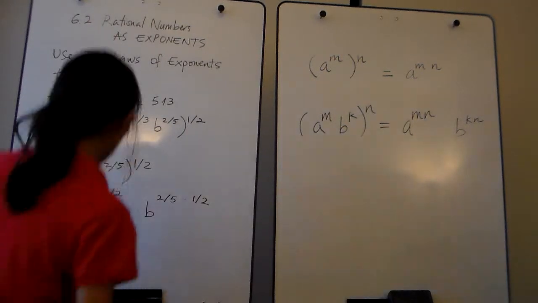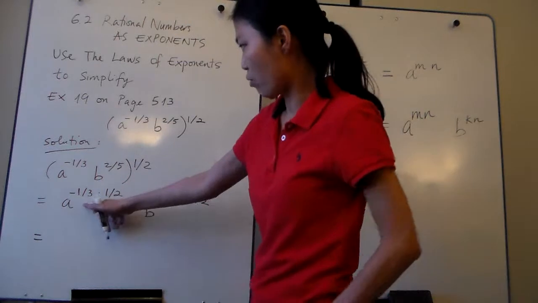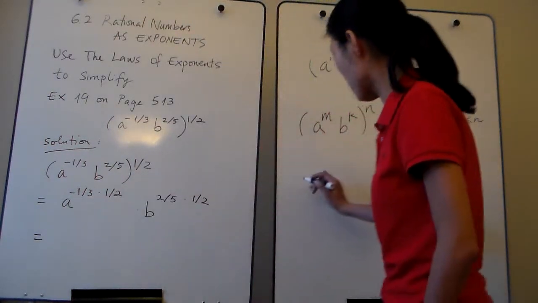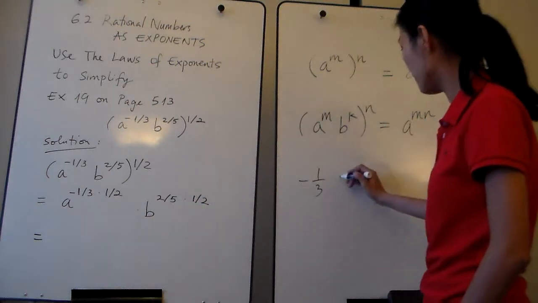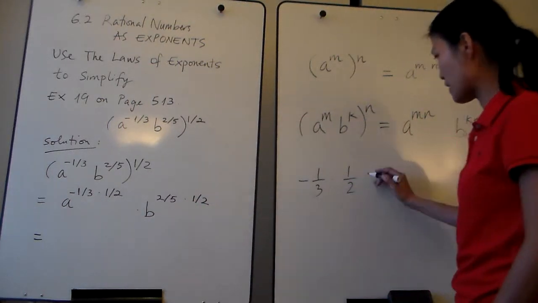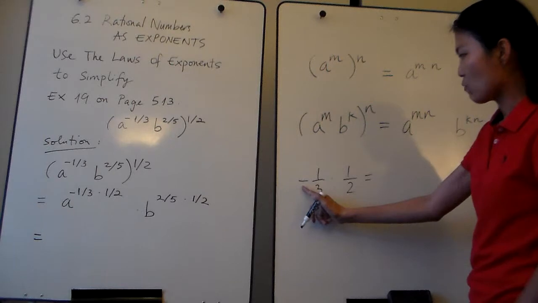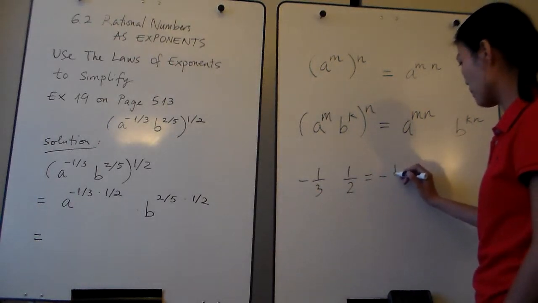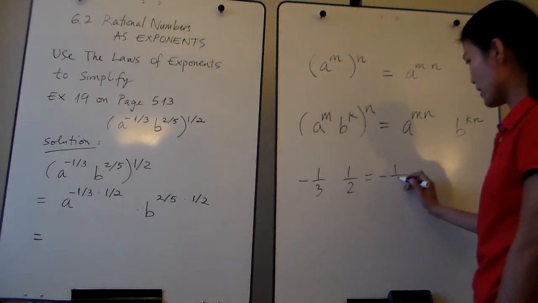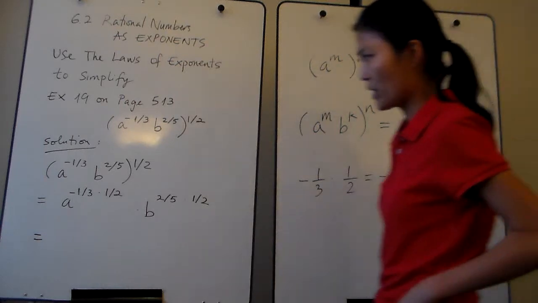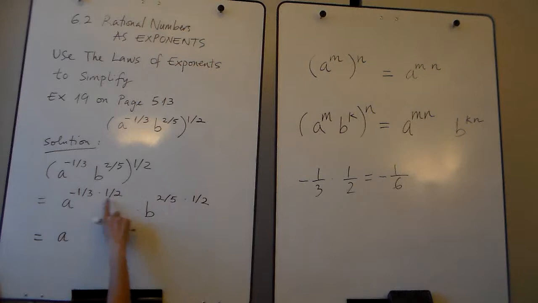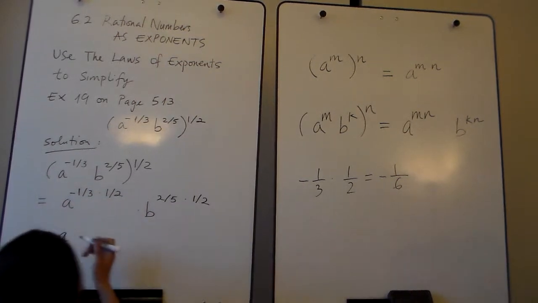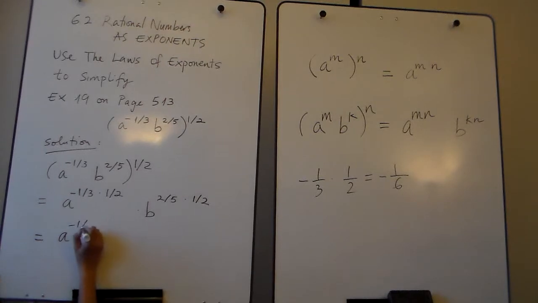Alright, so you see that this is the product of negative 1 divided by 3 times 1/2. You can simplify this to negative 1 times 1 is negative 1, divided by 3 times 2 is 6. So we can rewrite this as A, replacing the product of negative 1/3 times 1/2 with negative 1 divided by 6.